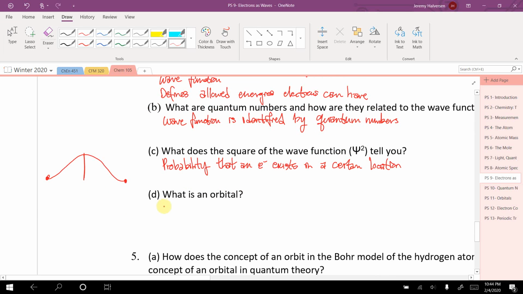What is an orbital? An orbital is a region of 3D space where there's a 90% chance of finding an electron.